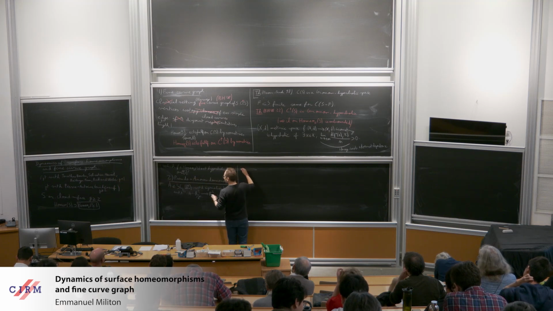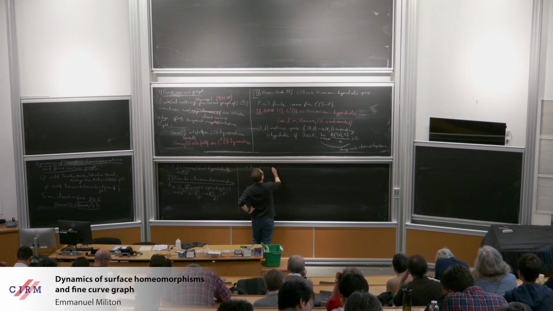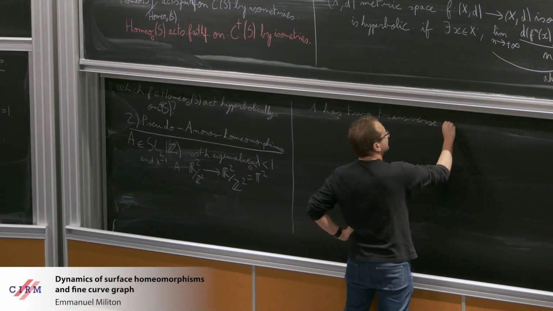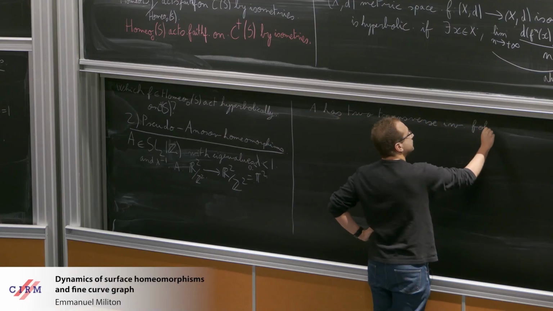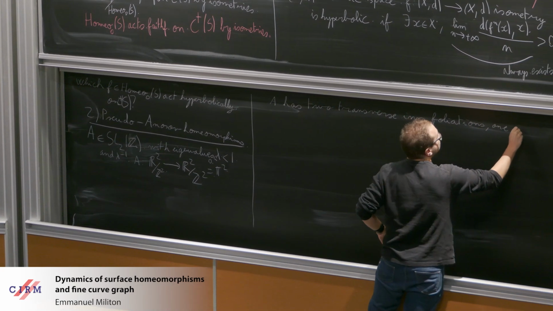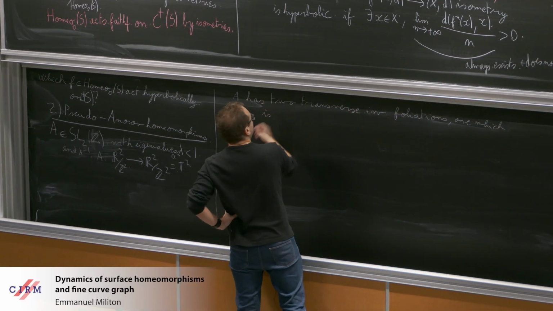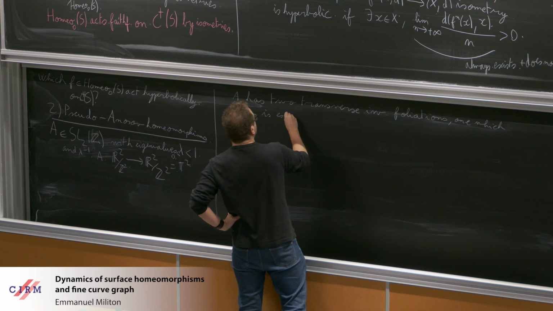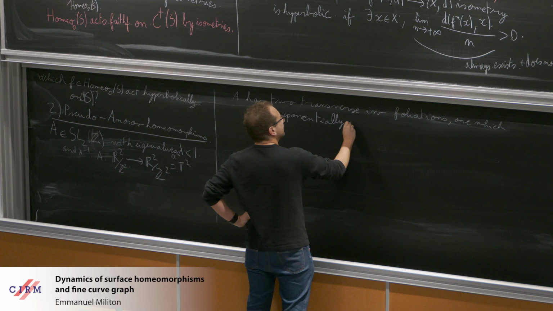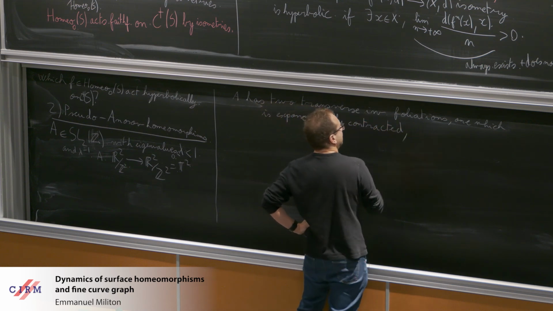So A has two transverse invariant foliations, one which is exponentially contracted and the other one being exponentially expanded.